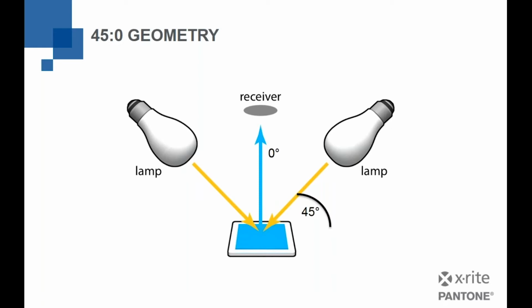In other words, those lamps aren't just shining onto the surface. There's literally a lens there that's focusing the light. Think of it like a spotlight or a flashlight where you've got a beam of light and you're focusing it at a specific angle. That's the way a 45-0 instrument illuminates the object to take its measurement.